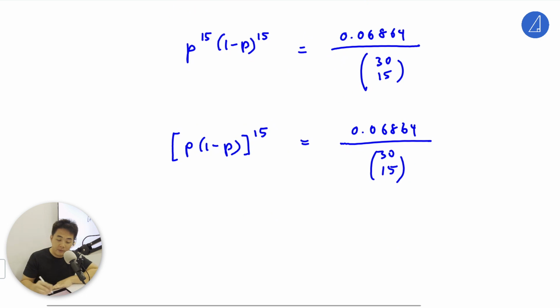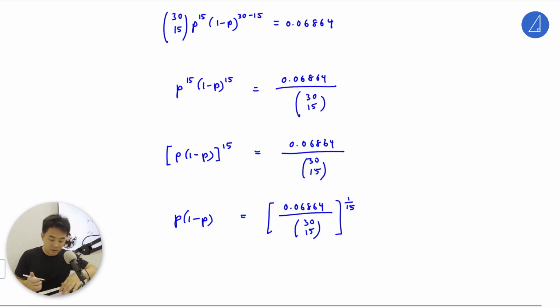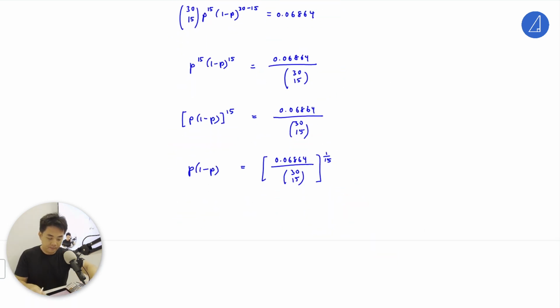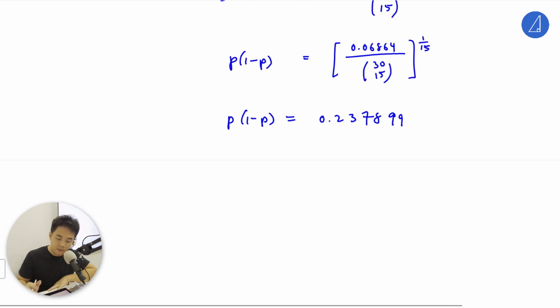Then take the 15th root. Key into the calculator. It'll give us P(1 minus P) equals 0.23789. Okay. So hence K is equal to 0.238.